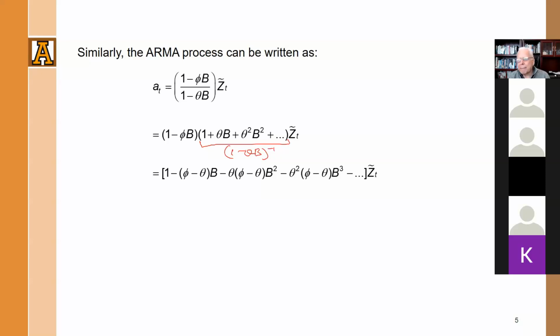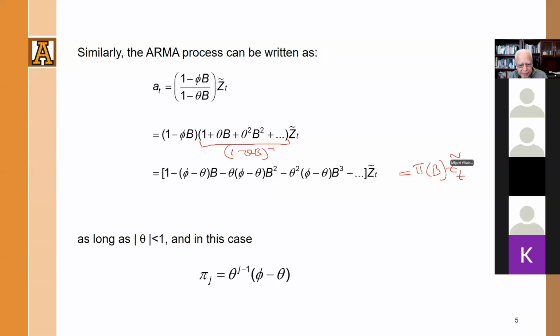Now this will be the pi weights, okay? So remember, this will be writing this thing as pi of B applied to Z_t, okay? So in this case, all the pi weights for this polynomial pi of B are theta to the j minus 1 times (phi minus theta), okay? So when j is equal to 1 it is 1 times (phi minus theta). When j is equal to 2, I have theta times (phi minus theta), and so on.